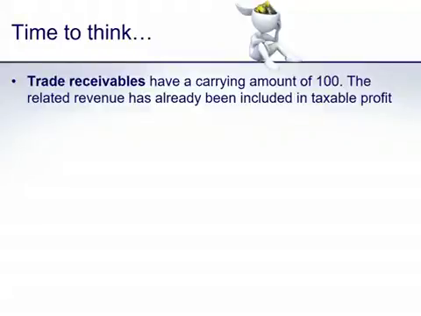This means that the future collection of the 100 when they collect the money owing to them will have no tax consequences, which means there is a zero tax effect in respect of this particular asset. Therefore, the tax base is 100. And if the carrying amount of the asset is 100, the tax base is 100, there is zero temporary difference.